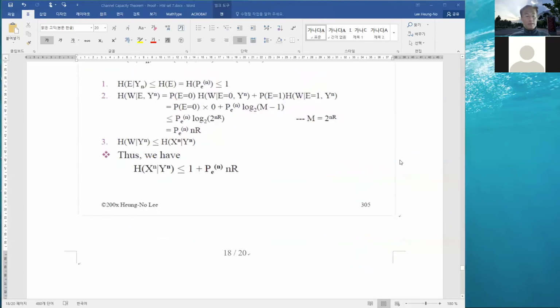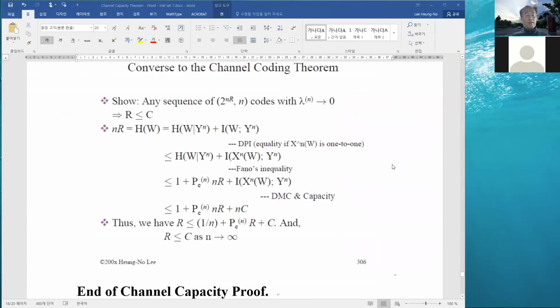Okay, so next chart we have the proof. This is exactly the same as the zero-error code proof. Basically, we have any sequence of codes with the maximal error approaching 0. Then the rate of such a code must be less than or equal to C. That's what we need to prove.